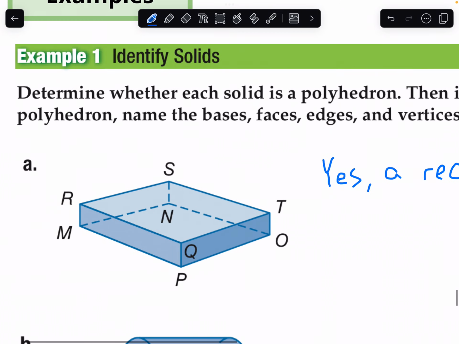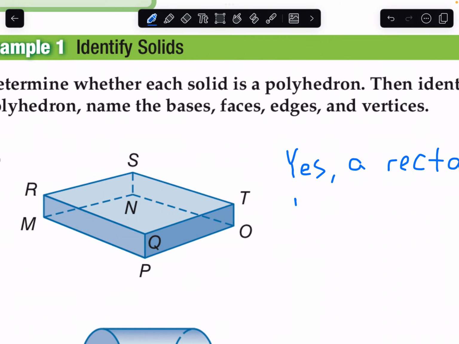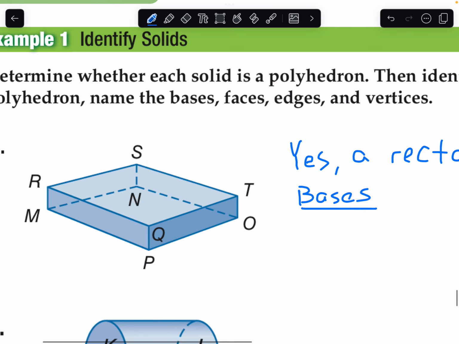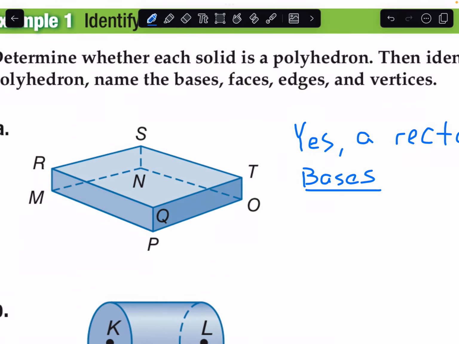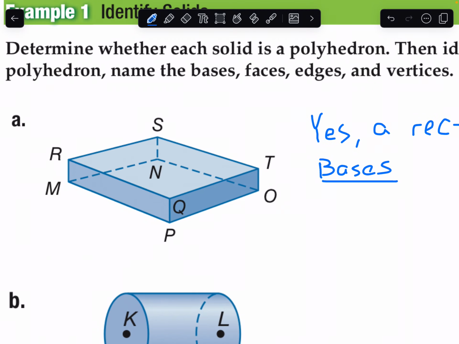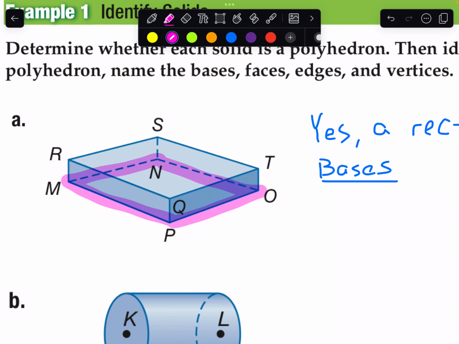Now we can name the bases. Honestly, for rectangular prisms, you could choose any pair of parallel faces. The classic ones here would be the so-called bottom and top right there.